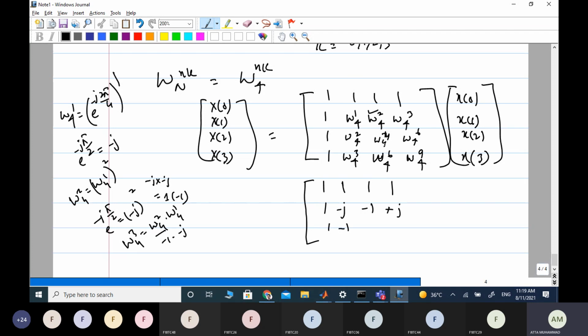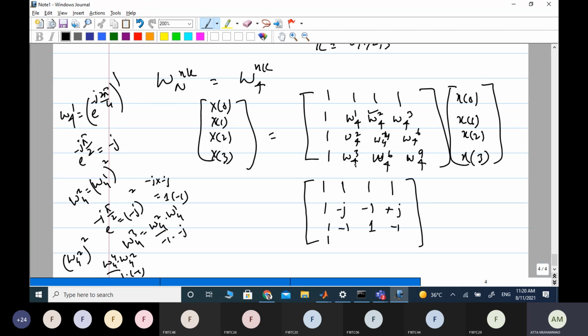And we have W4 power 4. What is W4 power 4? Can I write it as W4 power 2 whole square? So W4 power 2 is minus 1, then minus 1 into minus 1 is plus 1. And we have W4 power 6. So W4 power 4 times W4 power 2, so W4 power 4 is 1 and this is minus 1. So we have minus 1 here. Last column: 1.